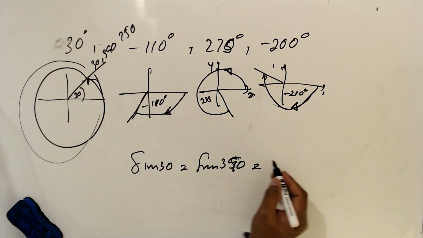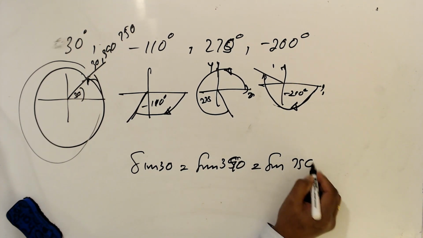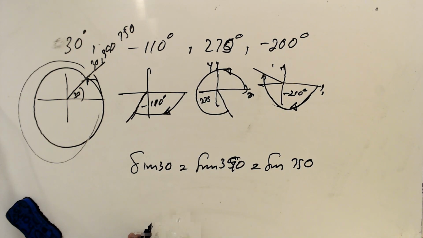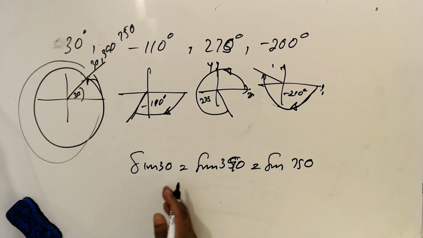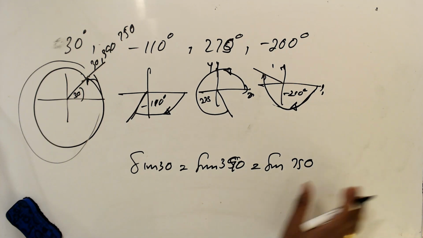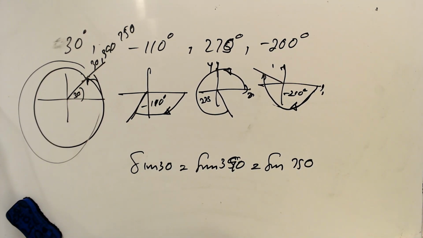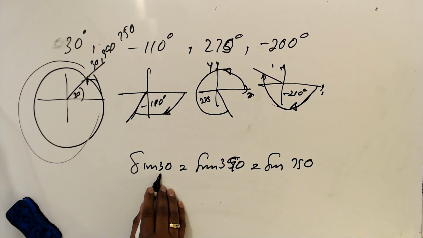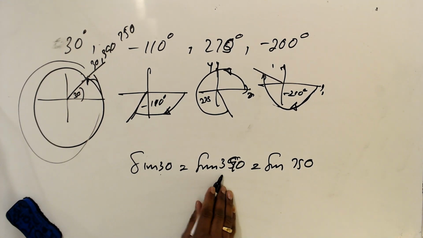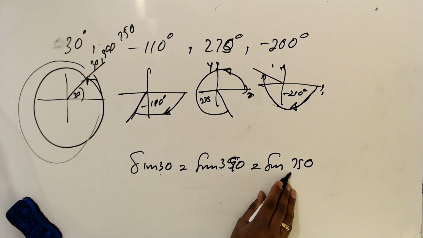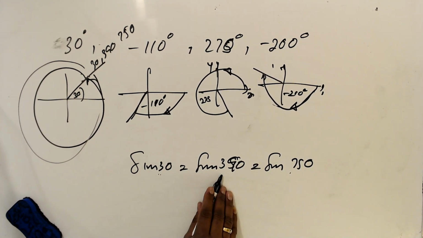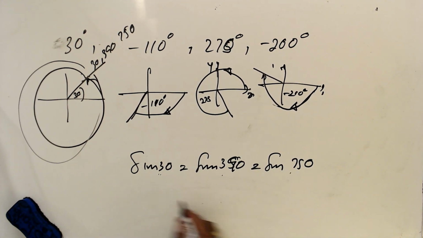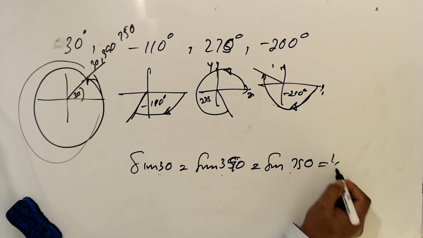This is the same as sine 750. Likewise, you can add more and find an infinite number of terms, but they have the same quality, same characteristics. It means 30 is in the first quadrant, 390 also in the first quadrant, 750 also in the first quadrant. 30 is positive, 390 also positive, 750 also a positive sine value. What is the answer for this one? Half.